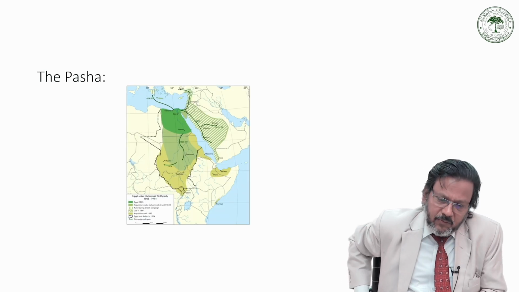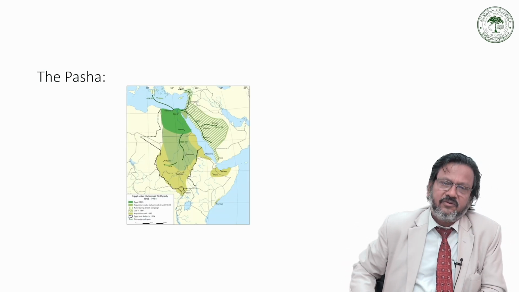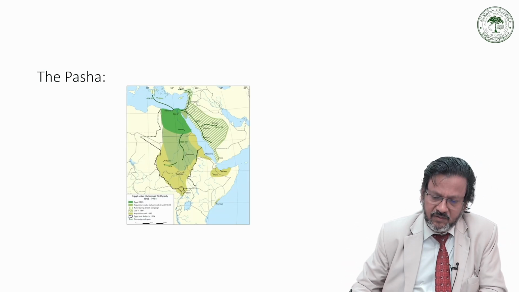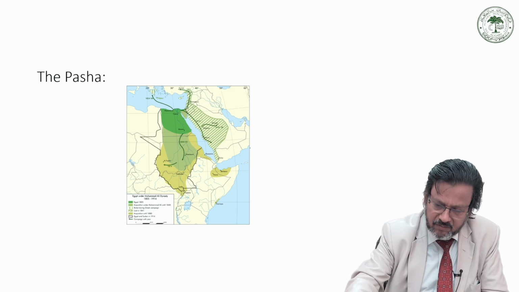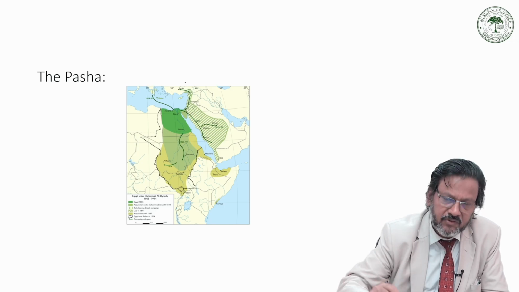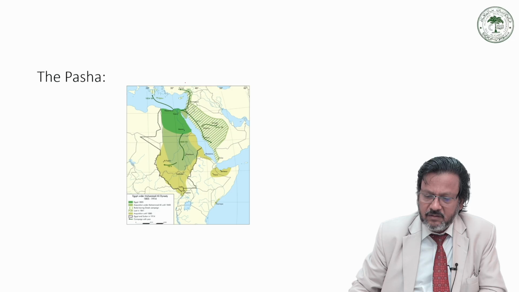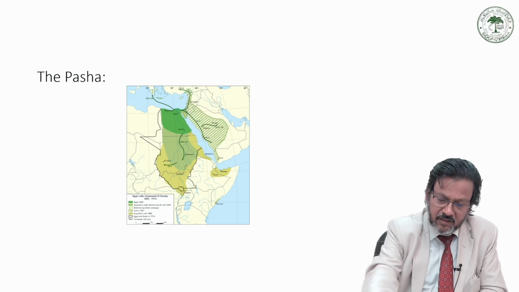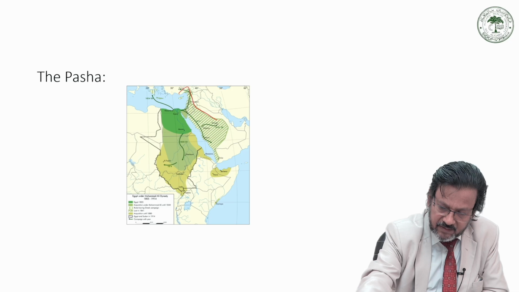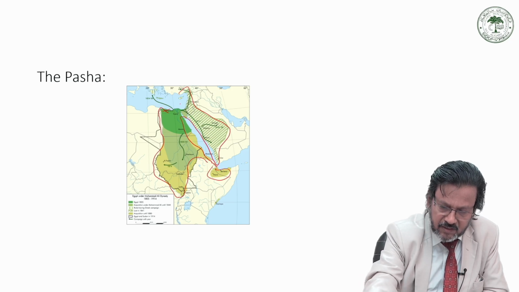So actually, Muhammad Ali Pasha was the de facto ruler of Egypt, Sudan, and Hejaz, and some part of Syria, Levant, Lebanon. So these areas, as we find, were under control.